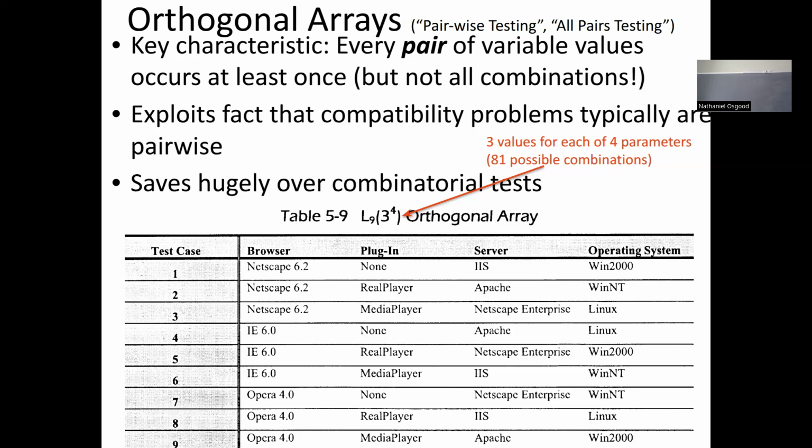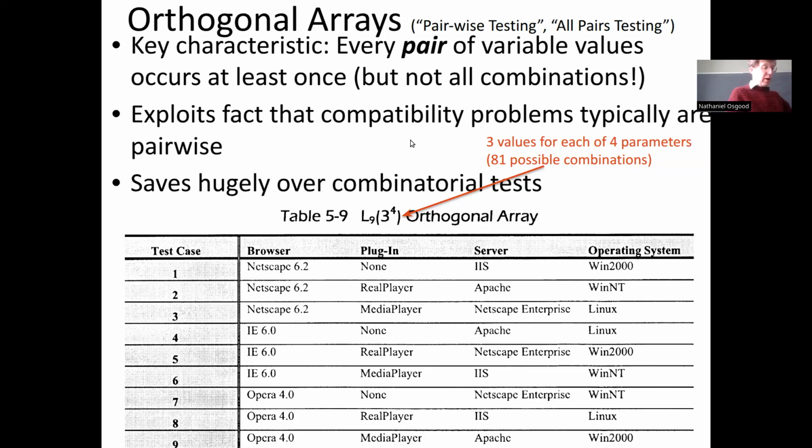Can't test all possible. But what orthogonal arrays do is they allow you to make sure, reflecting the fact that often problems come when there's pairwise incompatibilities, like this doesn't work with that. It doesn't handle this combination well. Pairwise, what you do is you test every pair.